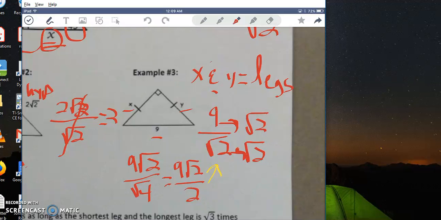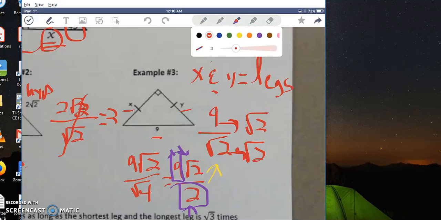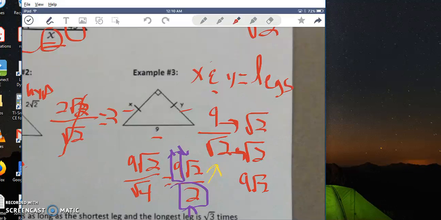The last step is to look at the numerator and denominator. Will something go into this 9 and this 2 to simplify this fraction? In this situation, no, we cannot. Therefore, our final answer is just going to be 9 radical 2 over 2.